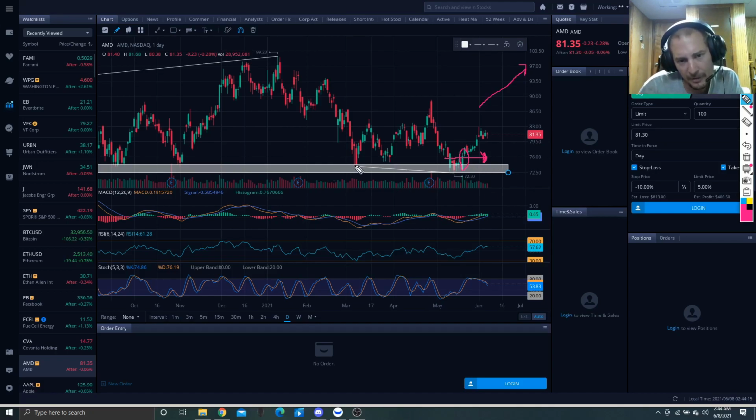But if we check for divergences here, we see that we do have some divergence going on. So we see our market strengthening while our price is still showing some lows. So we can possibly catch this reversal or be watching for this reversal a little more closely now that we see those divergences.